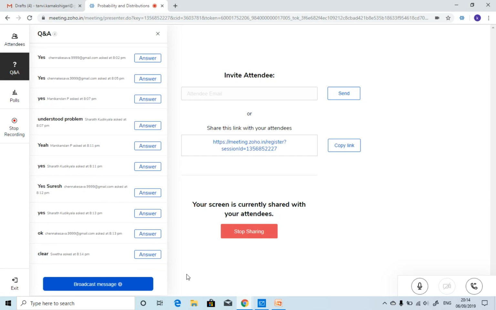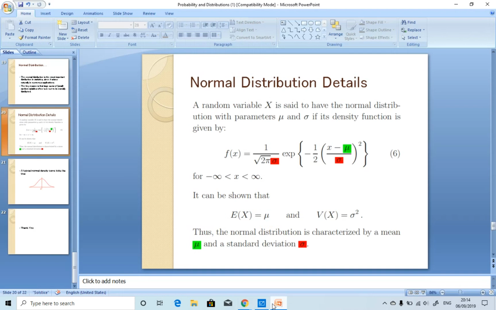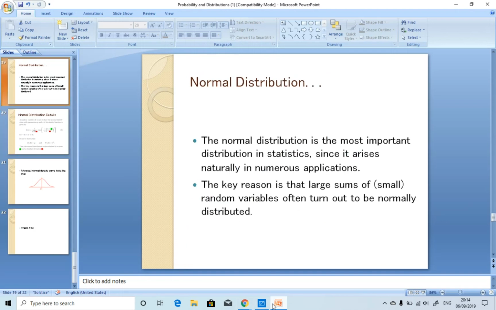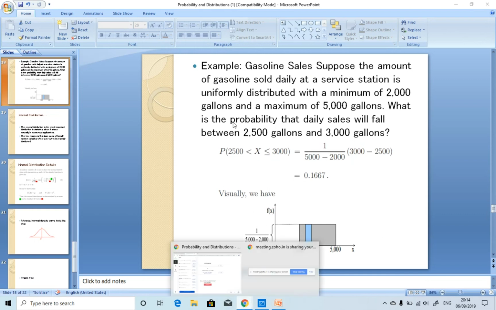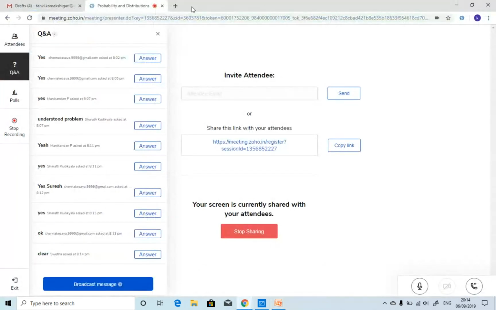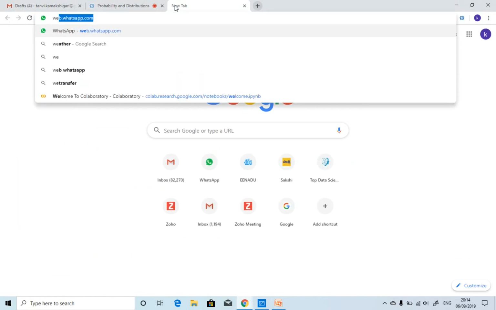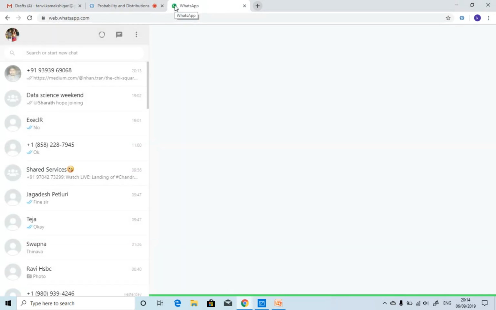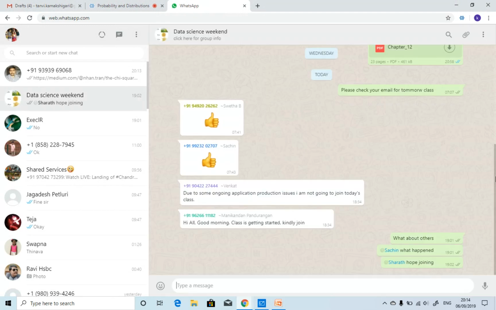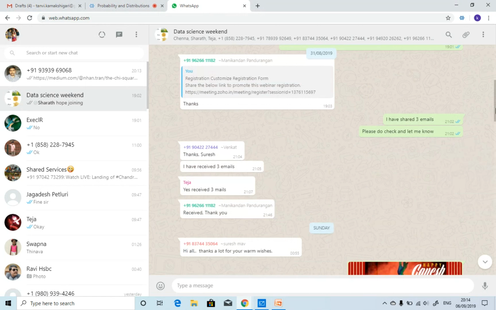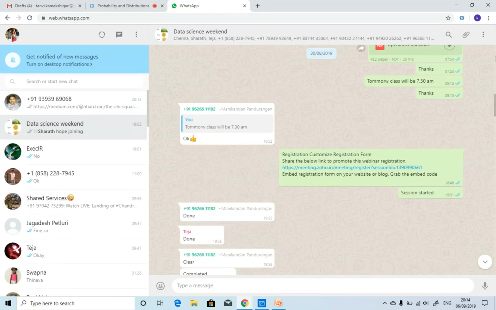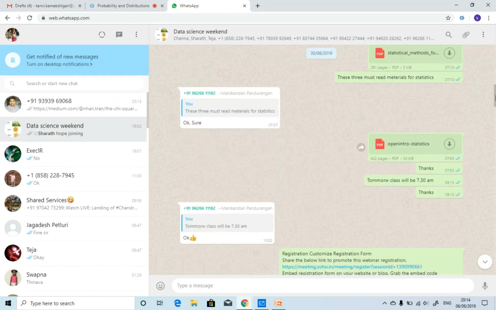I will share the probability distribution material, or else you can use the book. I have shared you the book, right? I'll show you which book I'm talking about.